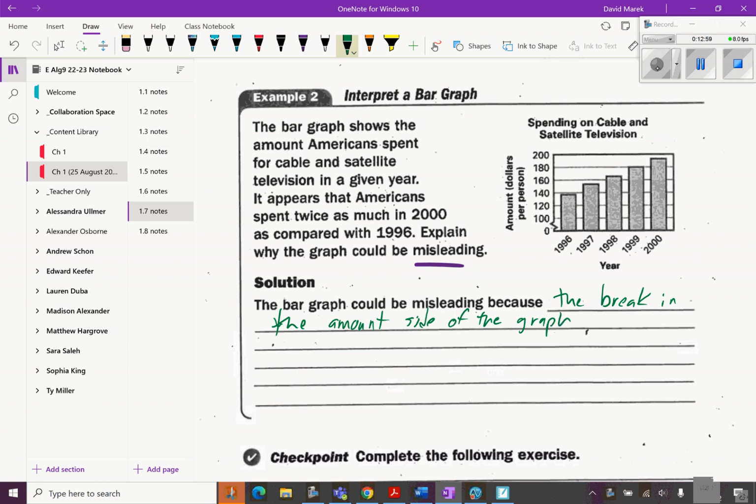The bar graph could be misleading because of the break in the amount side of the graph.